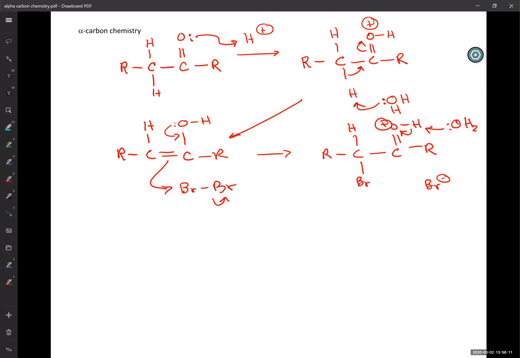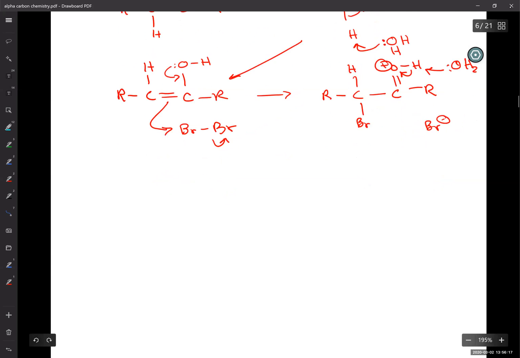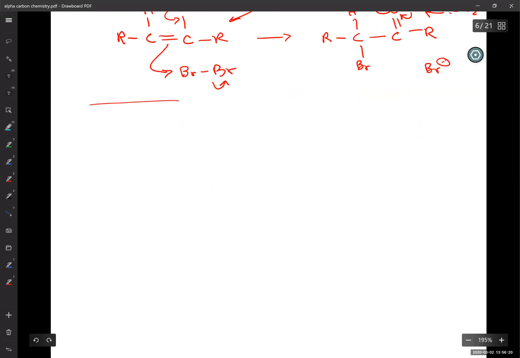So I'm going to cover a couple more reactions and then I'll stop on this section. The first reaction is one of those useful reactions. It's called a haloform reaction.